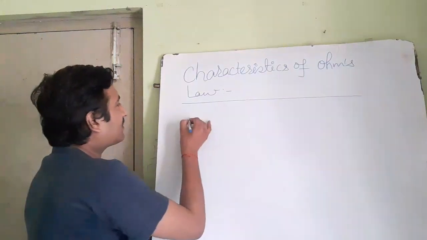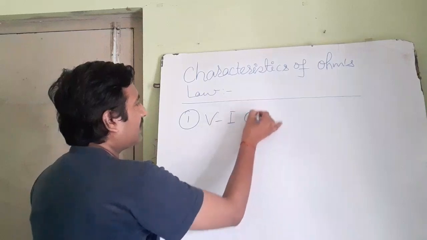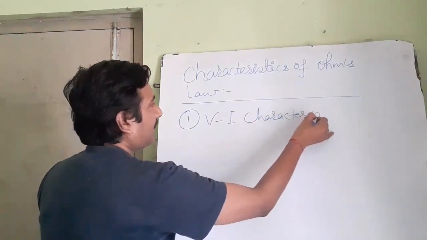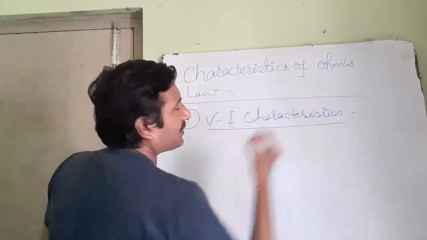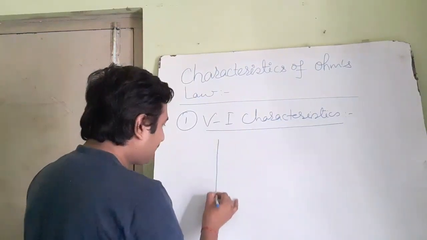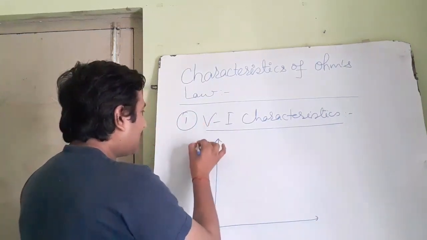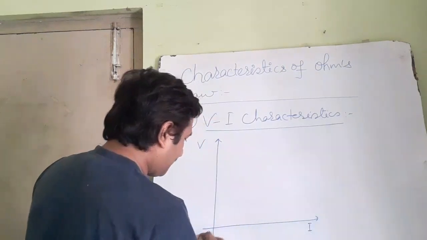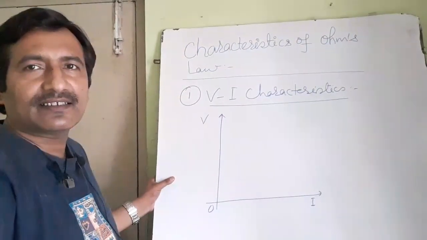So let us discuss the first VI characteristics. VI characteristics means if you draw a graph taking V along the y-axis and I along the x-axis, the graph is said to be VI characteristics.